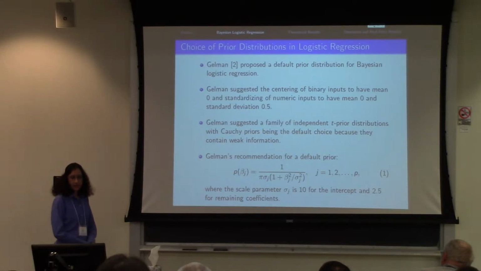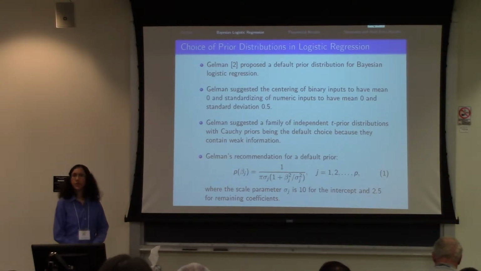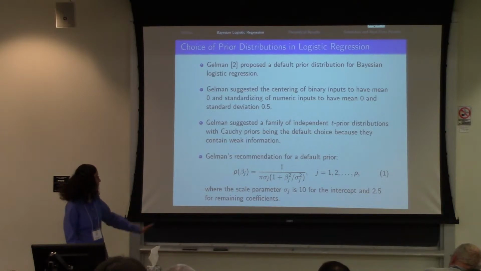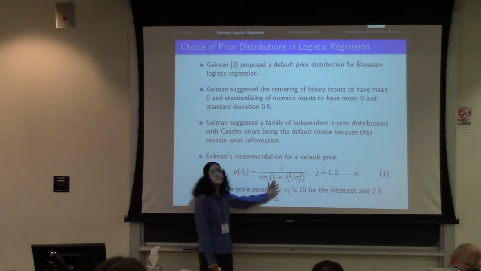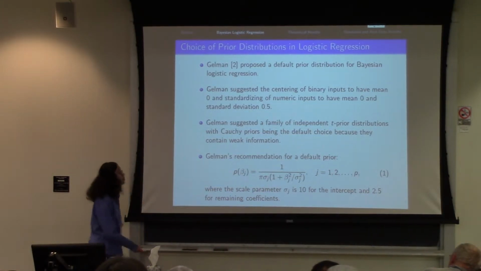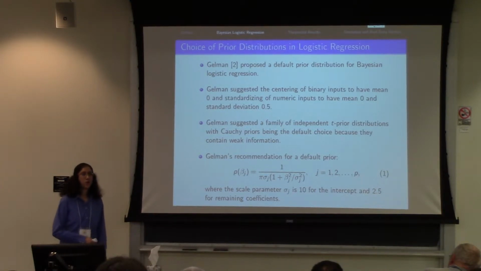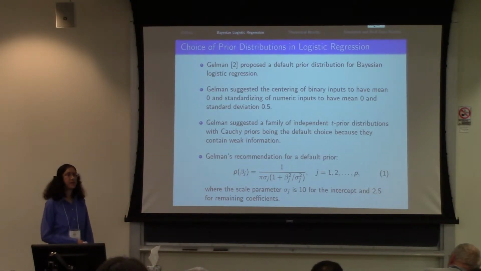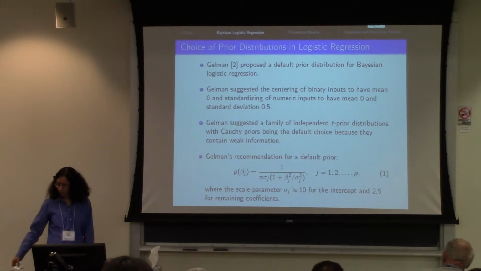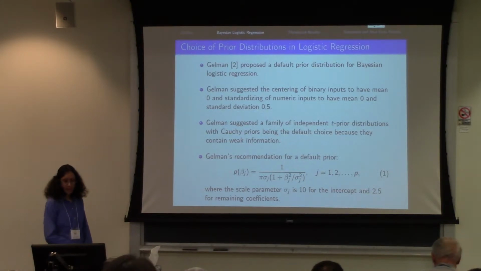So less is known for logistic regression, and Andrew Gelman, in a paper in 2008 in Annals of Applied Statistics, gave this choice of independent Cauchy priors on regression coefficients as a default choice for logistic regression. And in general, he recommended a family of independent t priors, and Cauchy was the default choice.